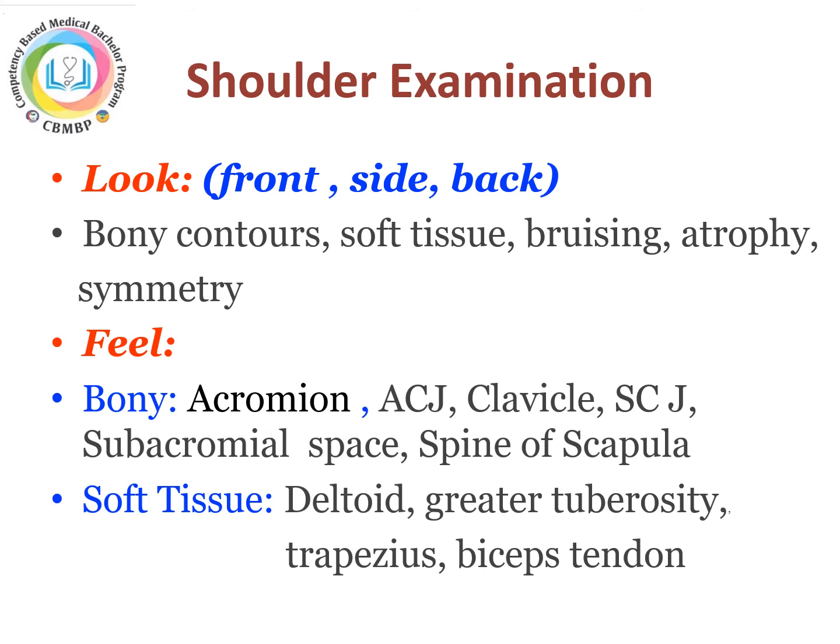The shoulder examination, as we said before, in every joint, we first inspect the joint, then palpate the joint, and then proceed to the motion, and then the special tests if we would like to proceed to the special tests.